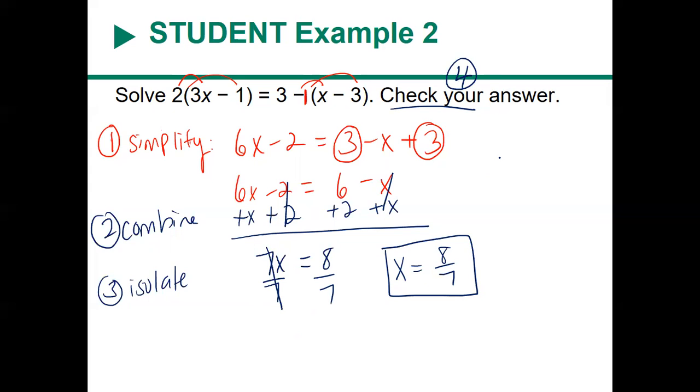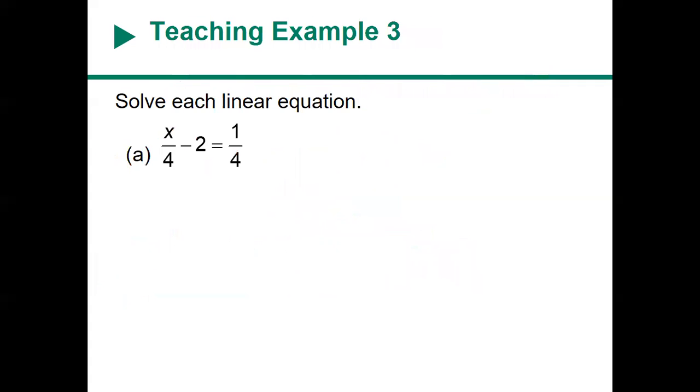Check your answer, plug it in. So to check your answer, you plug back in and see if you did it right. Okay, there's a little more, an added step in the simplifying. But overall, is this doable? Good?